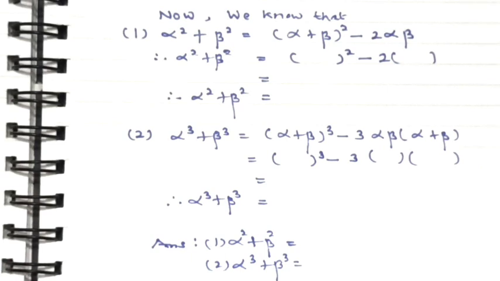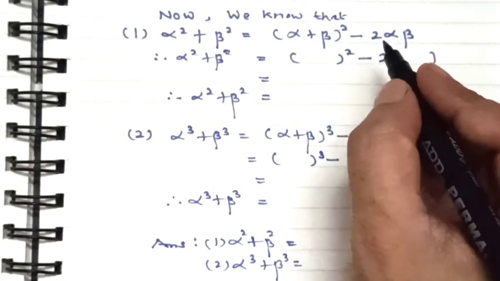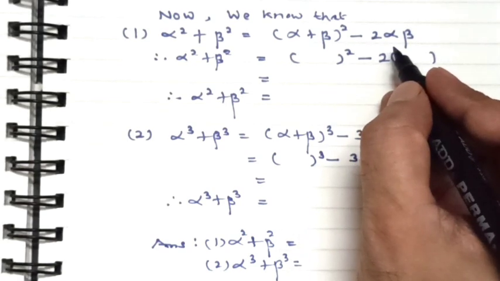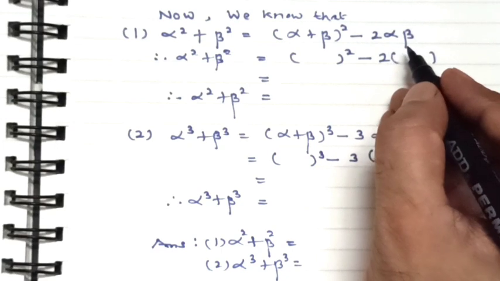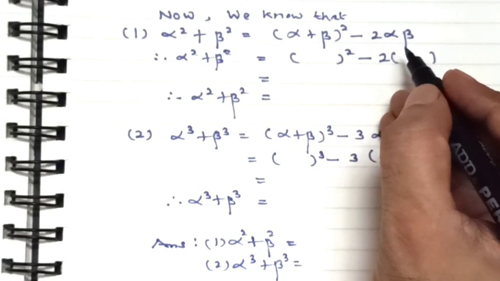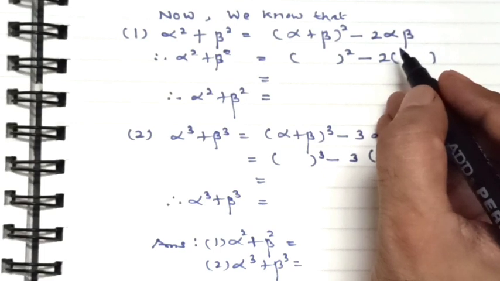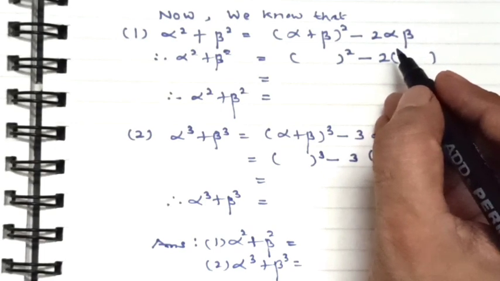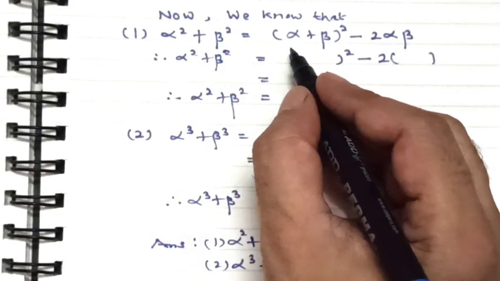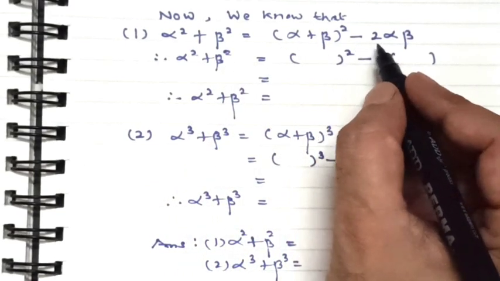Now you have to find out alpha square plus beta square. We know that alpha square plus beta square is equal to alpha plus beta whole square minus 2 alpha beta, because alpha plus beta whole square is equal to alpha square plus beta square plus 2 alpha beta. Therefore alpha square plus beta square is equal to alpha plus beta whole square minus 2 alpha beta.